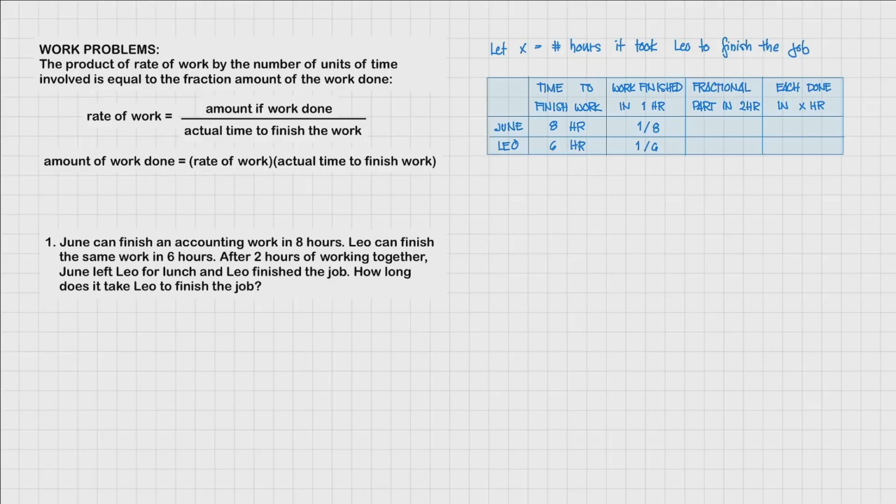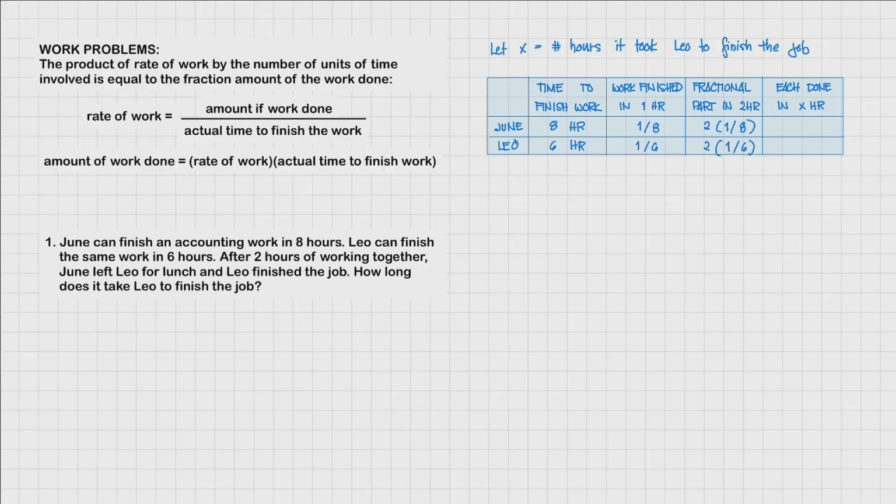For June, that is 2 times 1 over 8. And for Leo, that is 2 times 1 over 6. Right? And then June left and only Leo worked and finished the job in x number of hours.